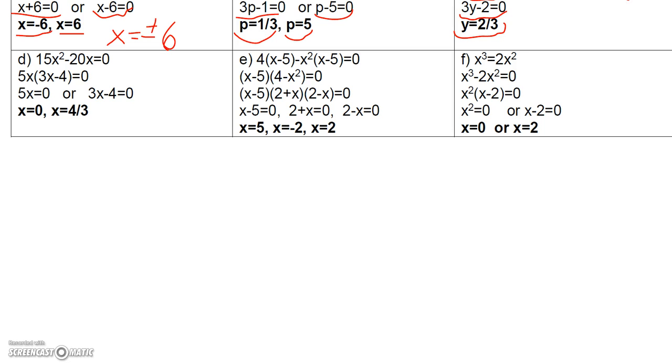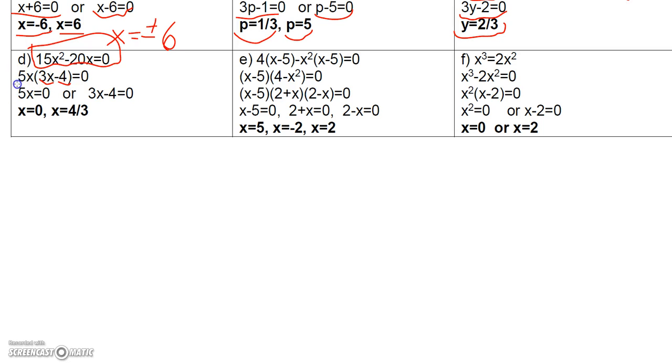Okay, so here's a couple more. Now on this one, sometimes problems like this can confuse people, but remember the first thing you're always supposed to do when you factor is factor out the greatest common factor. So 15x squared and 20x have a greatest common factor of 5x. If I factor 5x out of 15x squared, I get 3x, and factoring 5x out of minus 20x gets me minus 4.